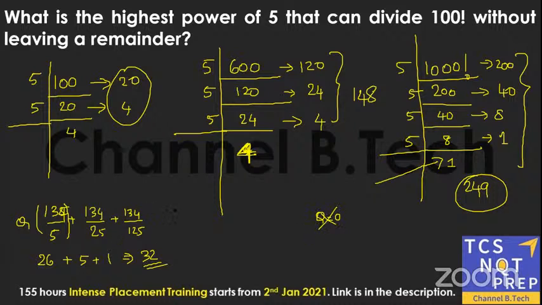In this question, if I continue, the quotient of 134 divided by 625 will be 0, right? So I don't have to consider this. Whatever I put after this, 134 divided by 3125, even here quotient will be 0. I don't have to consider these things. That is why I am stopping here itself.